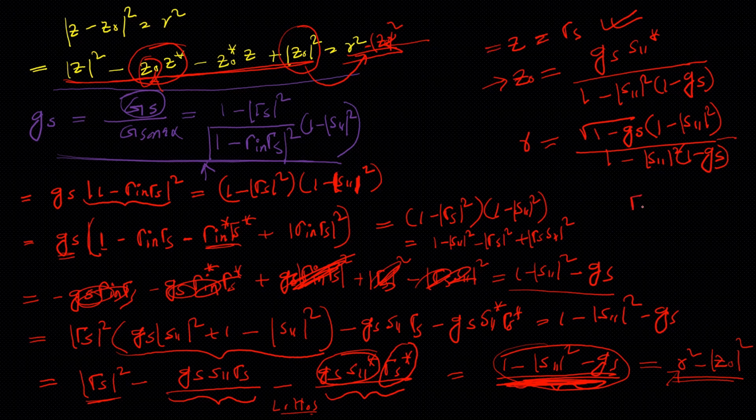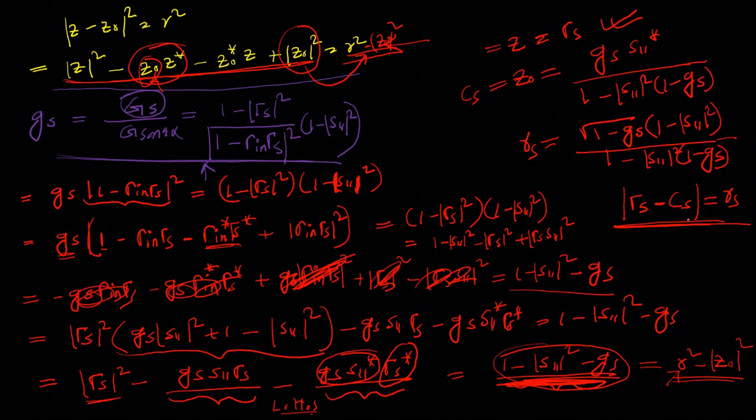That means, let me call z naught as my cs. If I put it in the form of a circle equation, it is gamma s minus cs, and this is my radius. So I have started with my specified gain, and I followed a few steps, and I got an equation of a circle.